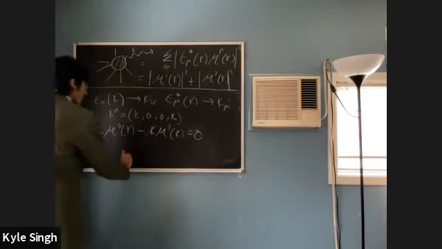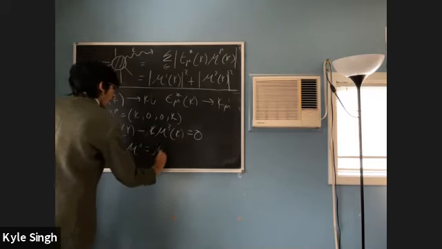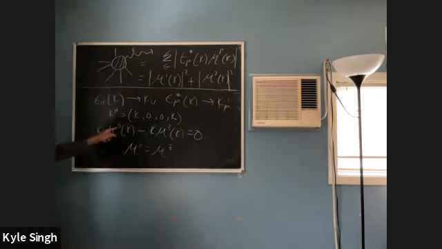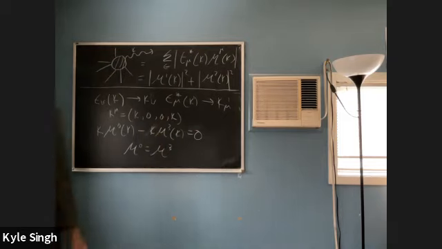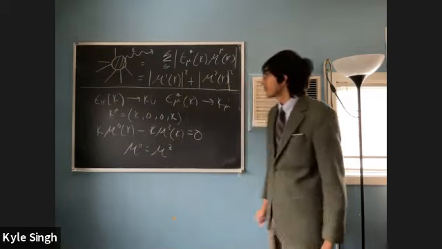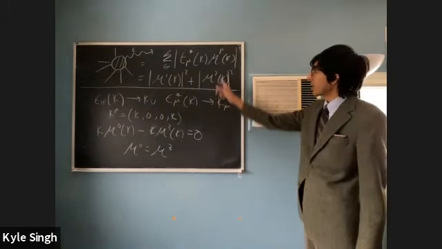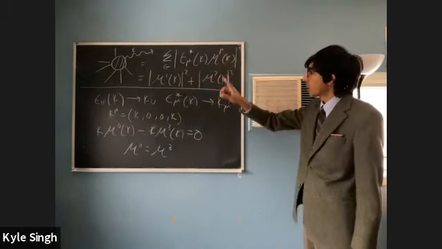That means that M0 must equal M3. This is in the 0 direction for the momentum. This is in the 3 direction. I'm just simplifying what we're going to write down for Compton scattering.